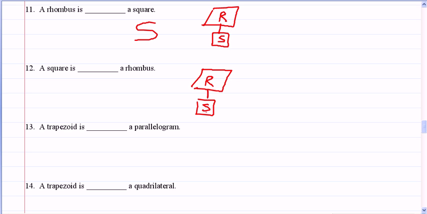A square is always a rhombus because a square has all the properties of a rhombus. For number 13, comparing a trapezoid and a parallelogram, a trapezoid is never a parallelogram because to be a parallelogram you have 2 pairs of opposite sides that are parallel, and in a trapezoid you only have 1. So this is never.